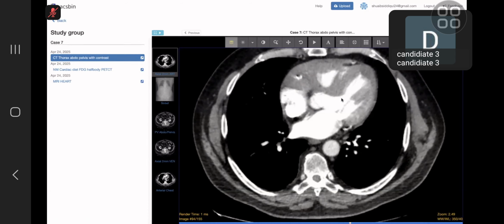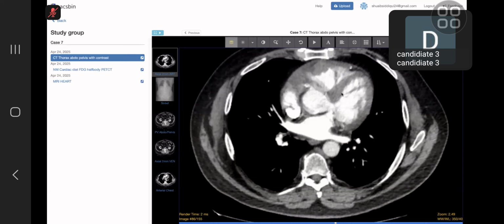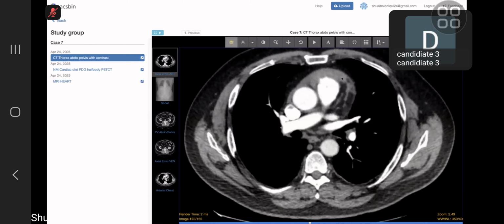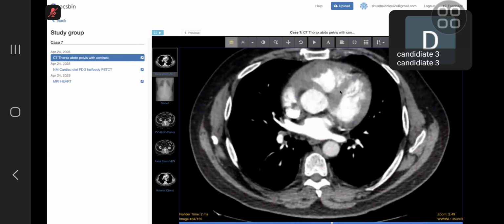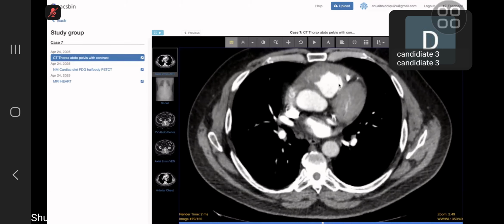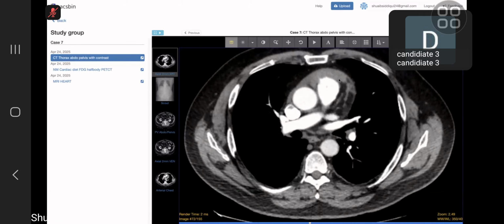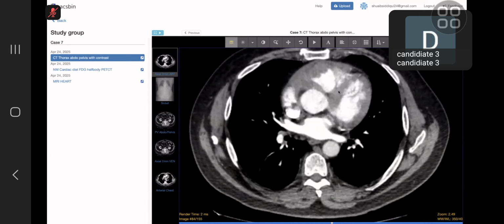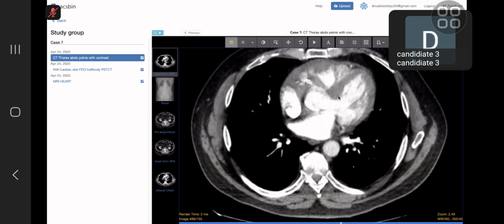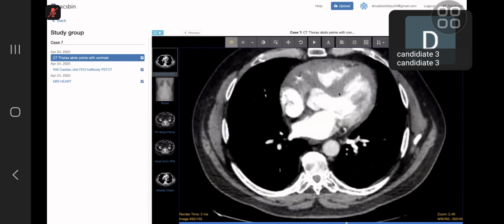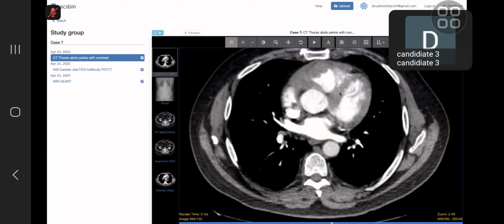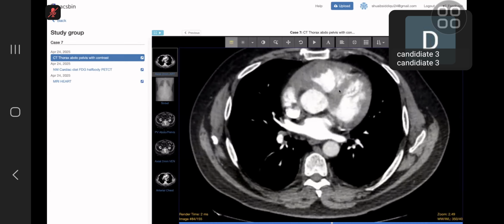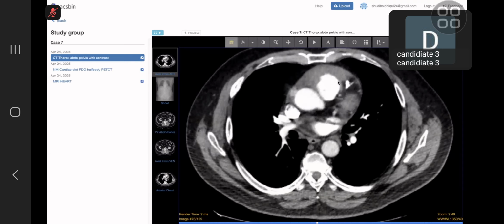I think it's increased. I want to check the coronary vessels also. The right coronary appears normal. The left coronary, I couldn't see exactly the left coronary artery.